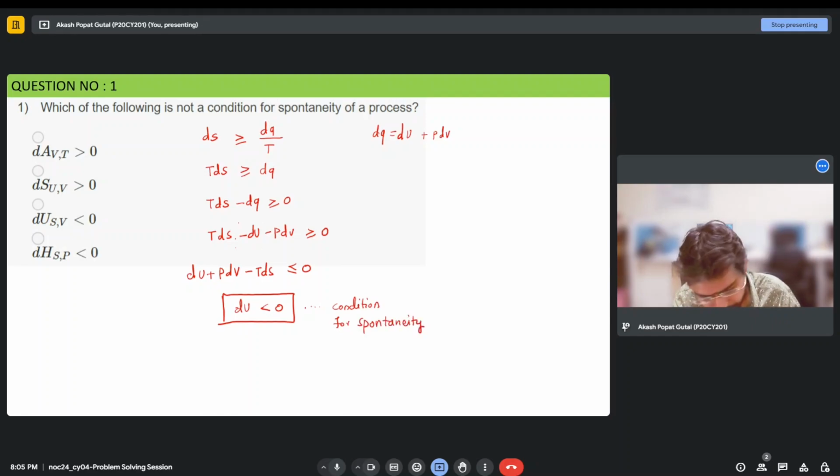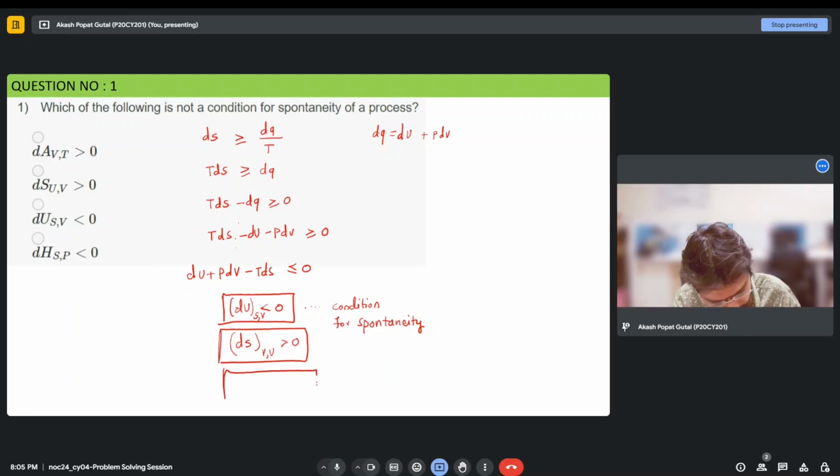Okay, this condition is only valid at constant entropy and volume. Similarly, we can show for dS at constant volume and internal energy, it should be greater than 0.